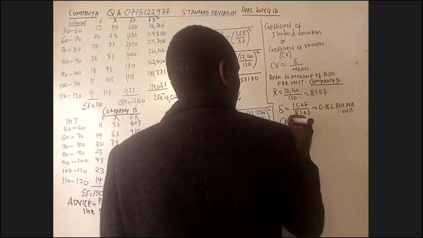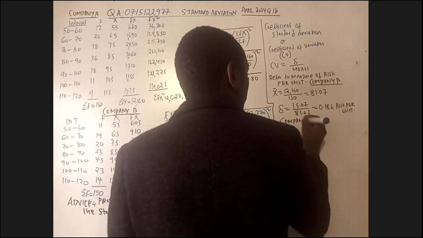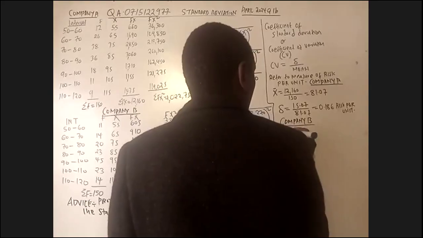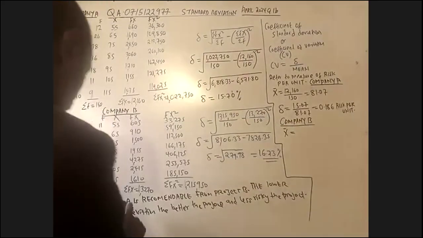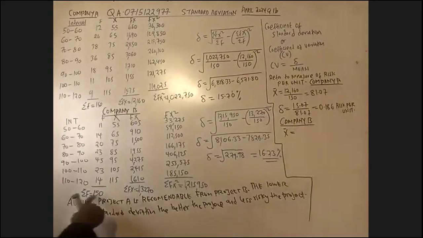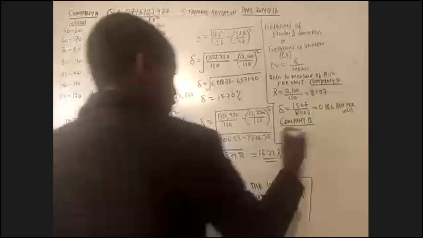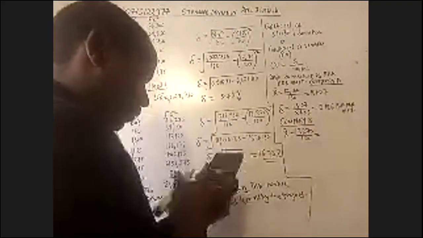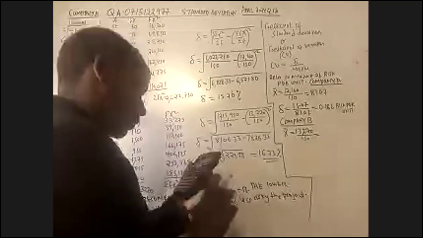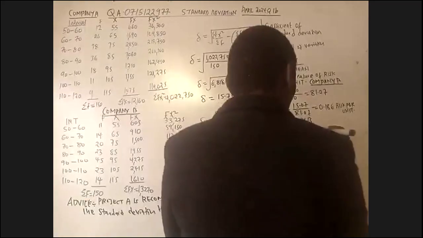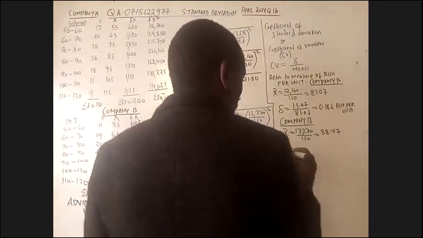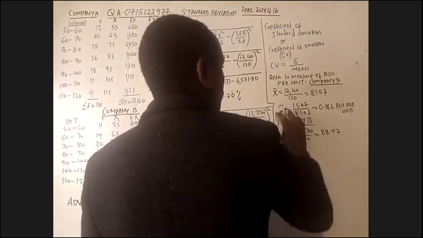Let's go to company B. Our mean is fx over f: 13,270 divided by 150, which is 88.47.